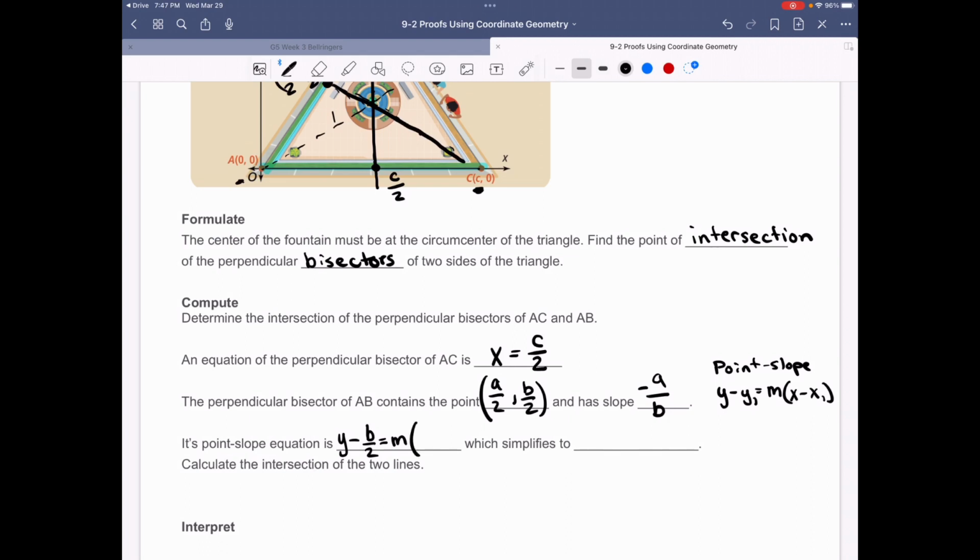And then, I'm sorry, the slope would not be m because we're given the slope is negative a over b. And then the point that we're going to put in there is x minus a over 2.